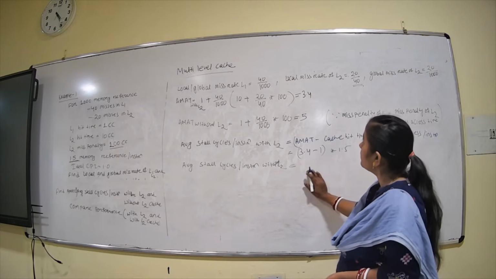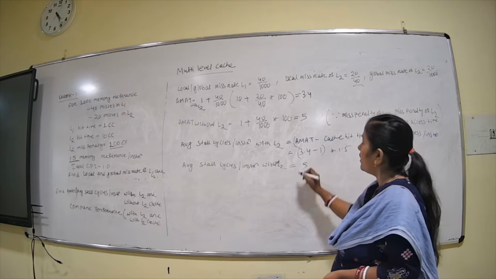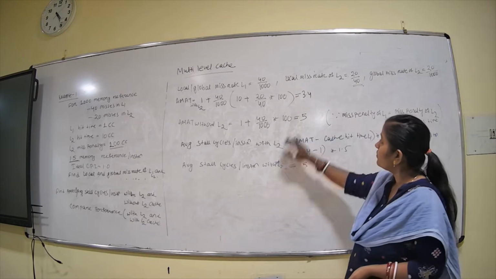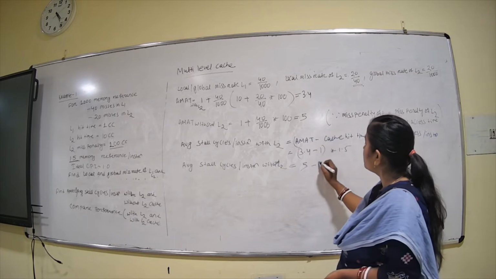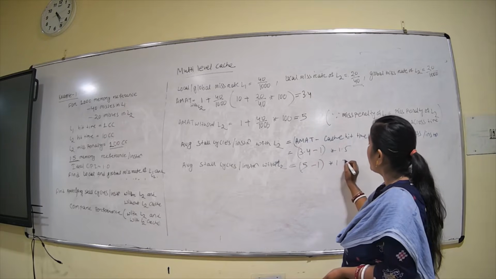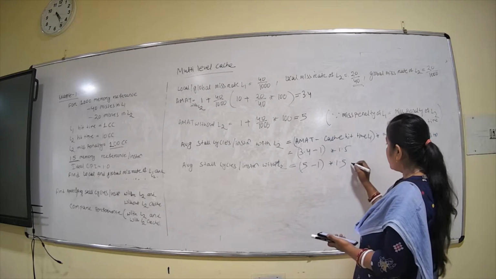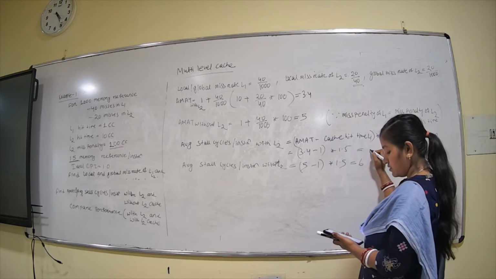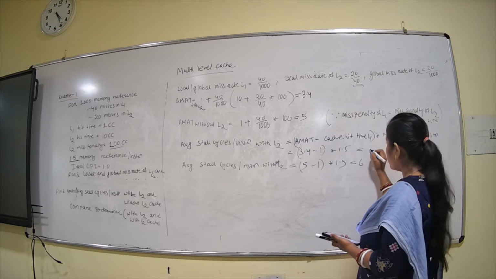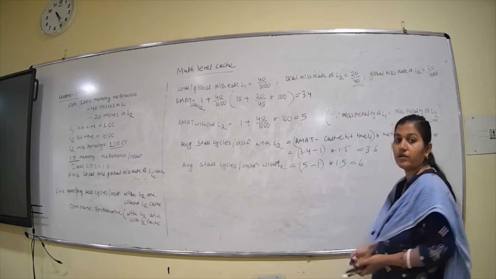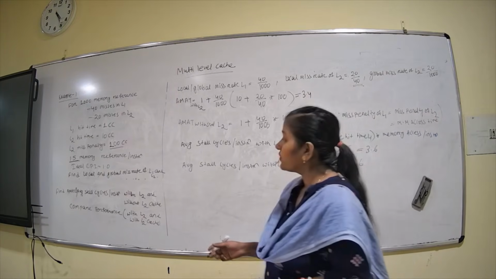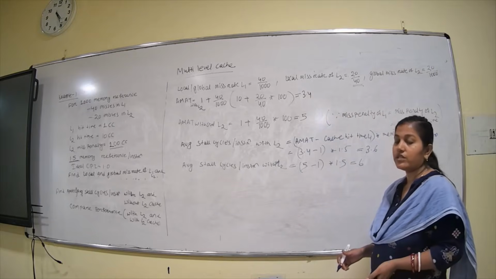So for this one, 3.6. Average memory access time without L2 is 5, minus 1, into 1.5. So the answer is 6.